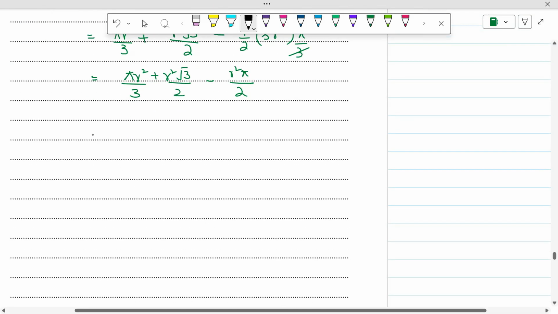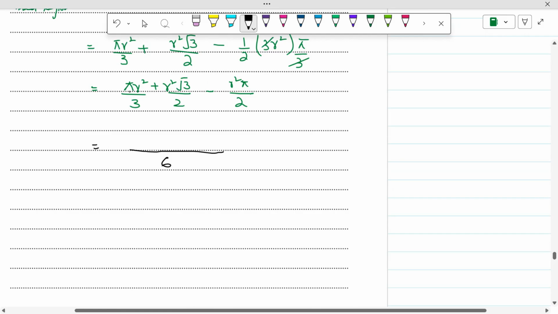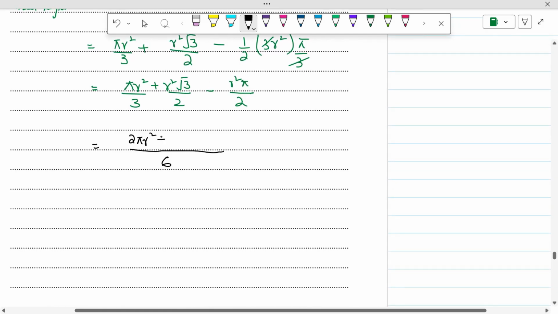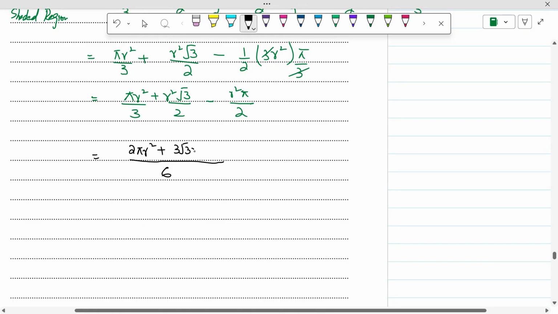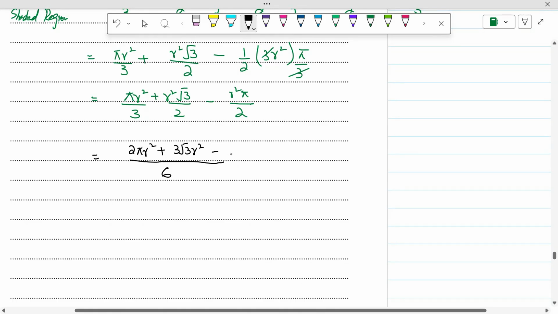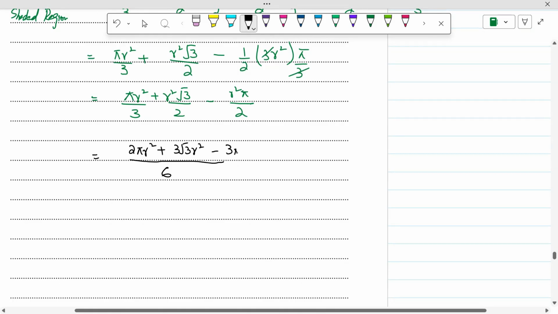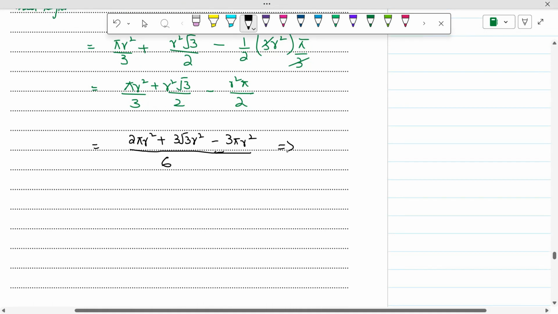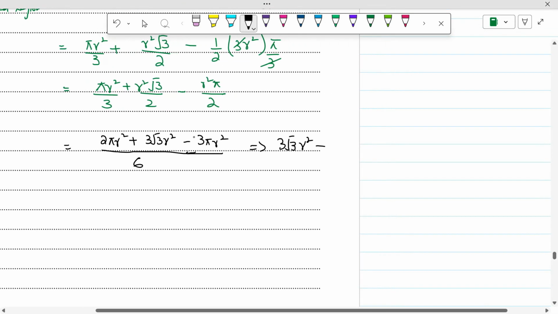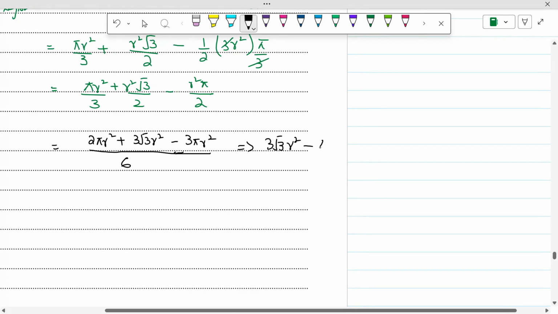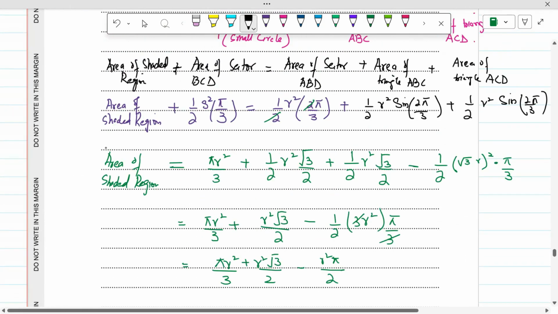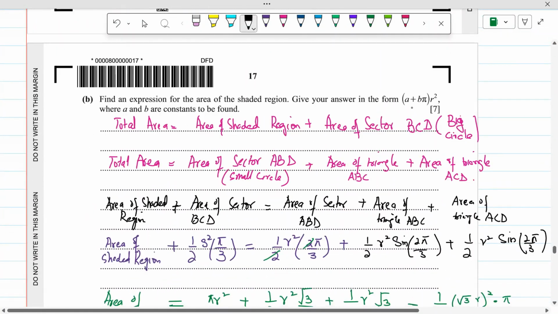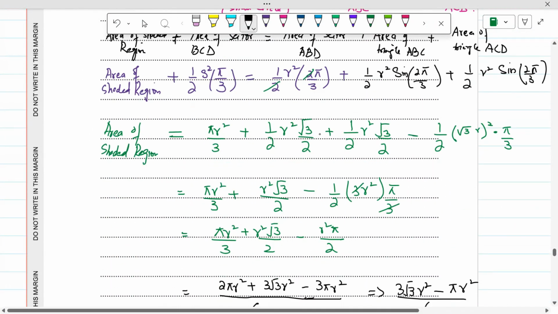Taking LCM, we will have 6, and this one will be 2 pi r square plus 3 under root 3 r square, and this one will be 3 pi r square. 3 under root 3 r square minus 2 pi r square minus 3 pi r square is pi r square over 6. We need to represent in this format, a plus b pi.